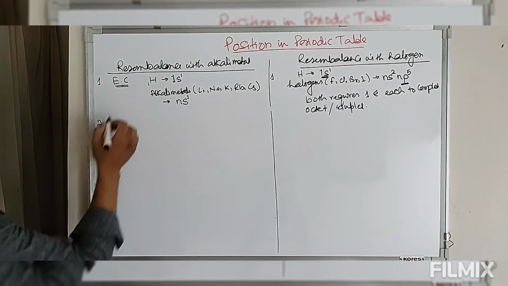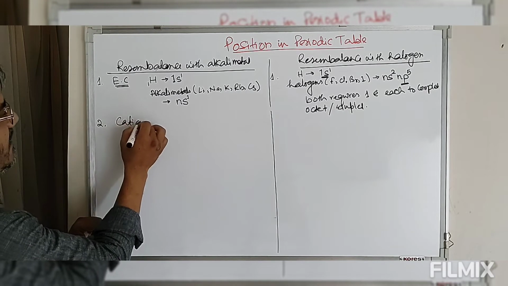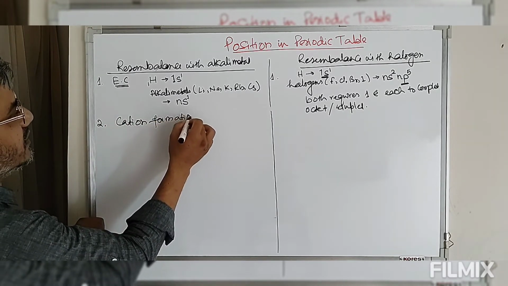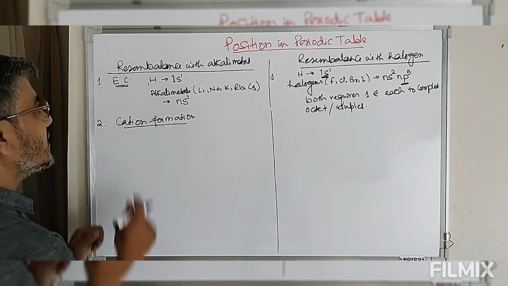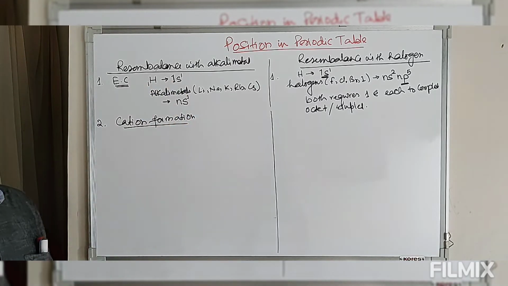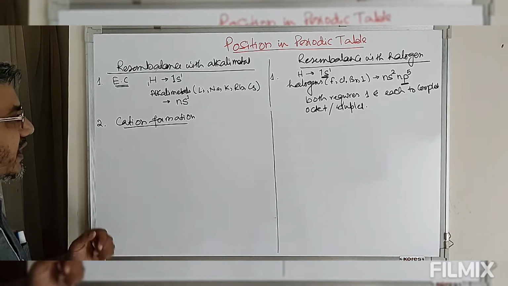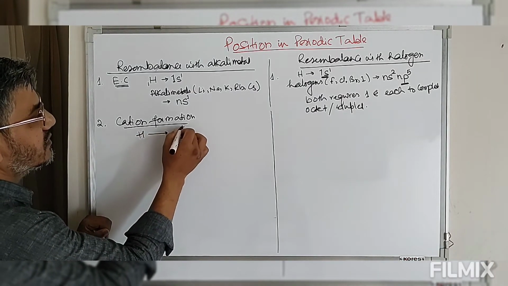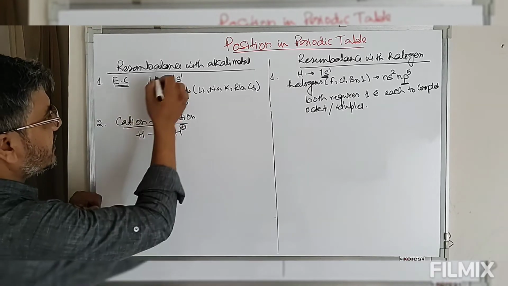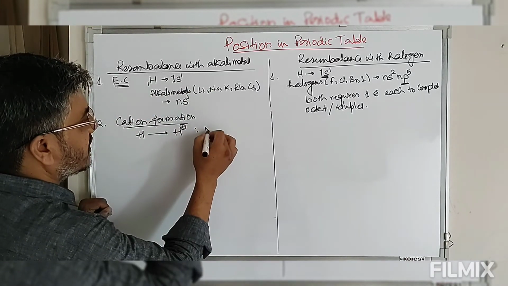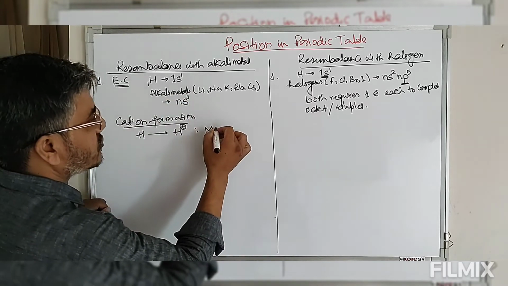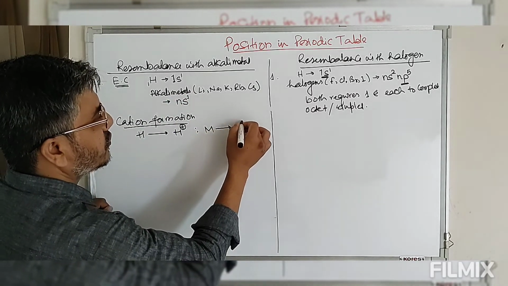Second is cation formation. Now hydrogen containing one electron can be ionized to give you H plus ion. Similarly, alkali metals also contain one electron, so these can also ionize to give up one electron.